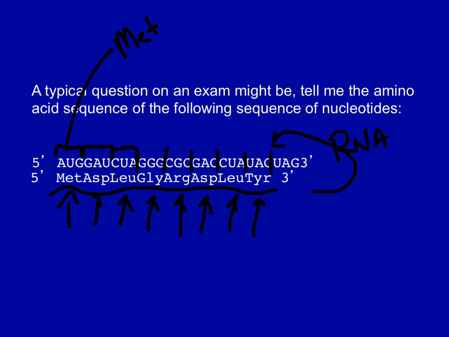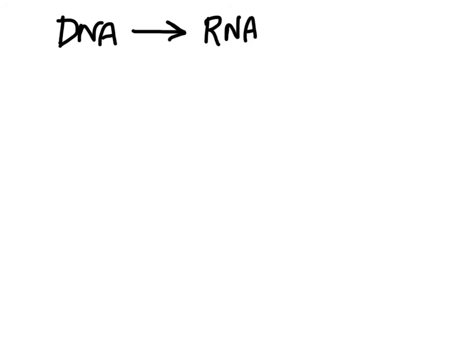Now, I'm just going to add one more slide here. Throw in one of the monkey wrenches that makes students have some trouble. When DNA is transcribed into RNA, it isn't transcribed starting at the start codon.